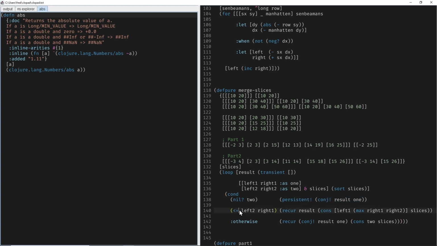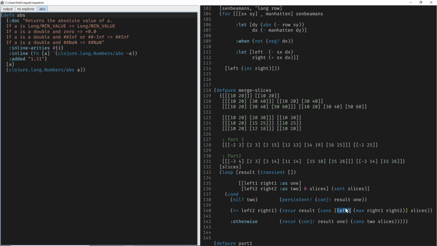The next, more interesting merge case: if the second slice begins within the first slice, then we have an intersection or a complete overlap. Then we make a new slice that starts at the left. That's guaranteed to be the minimum because we sorted, and sorting vectors means sorting by the first element first and then by the second element.